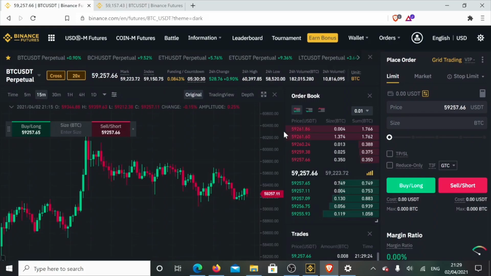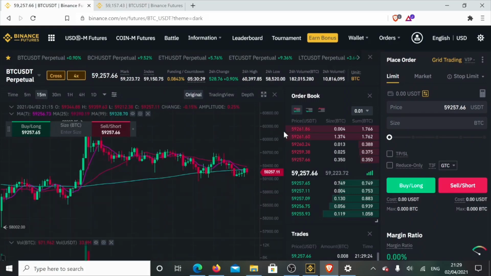That is all. You might ask yourself this question: why are we even using a futures account when we can just directly trade from the spot account? Okay, there are two major reasons why you would love to use the futures account instead of the spot account. Number one, leverage.